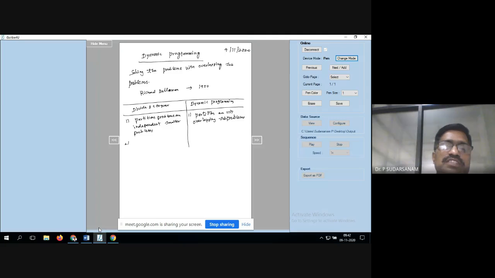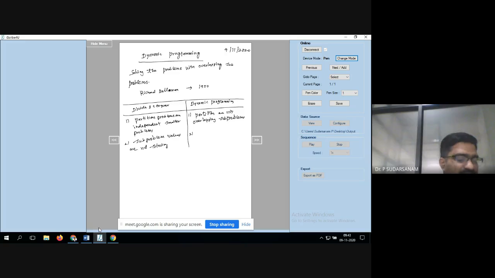Now with respect to the memory allocations, divide and conquer will not store the resultant overlapping values. So sub solutions we are not storing. Don't store the values of the subproblems.